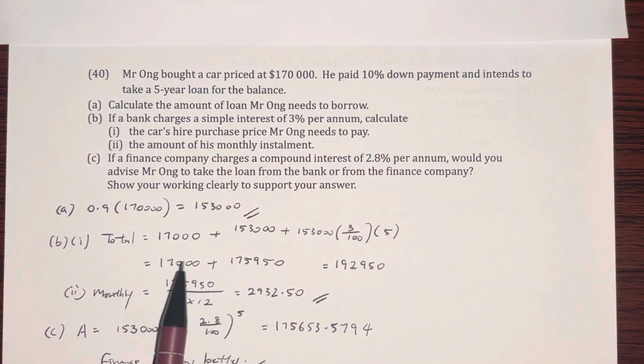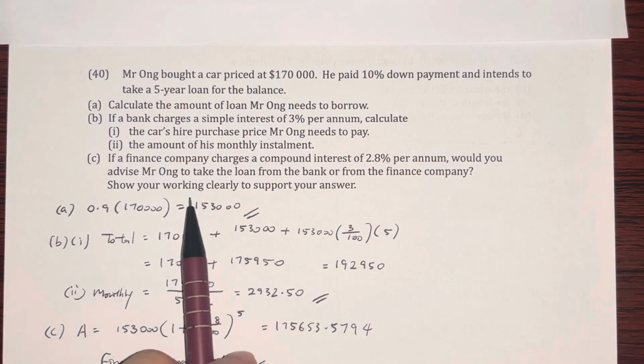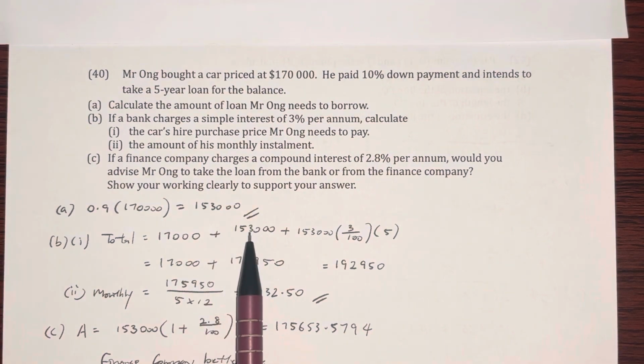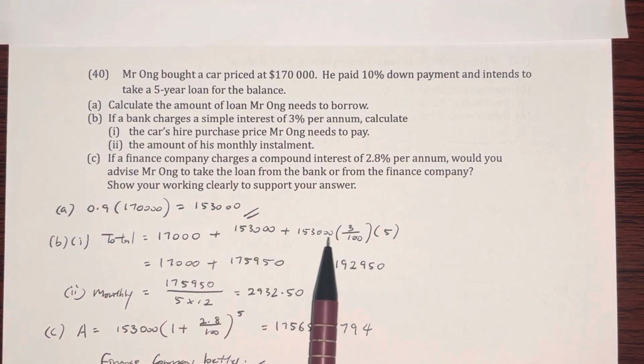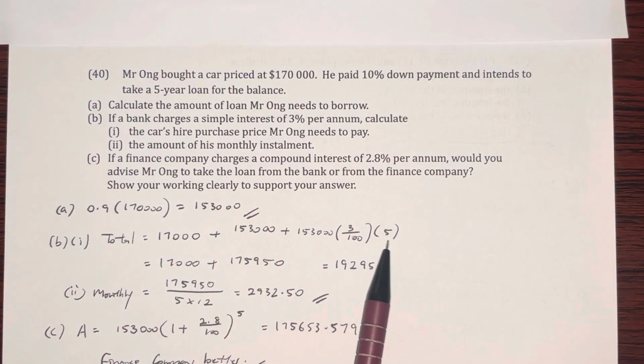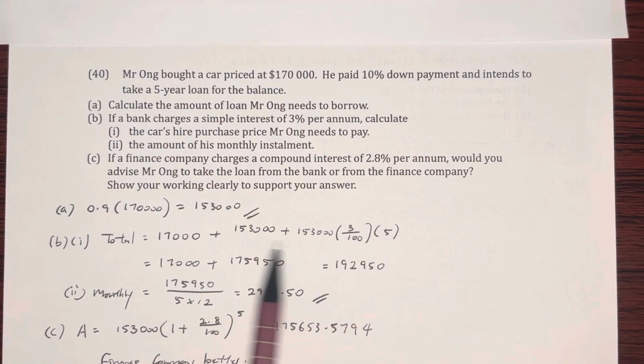So I'm doing it in a not very efficient way, but I think it's clearer. So this is the 10%, because 10% of this is just 1 less 0. So 10% down payment, and for the remaining amount, of course I need to pay back this. And I'm taking this amount, 3% times 5 years, simple interest. So if I add it all together, it's 192,950. That's the amount he needs to pay in total for the hire purchase.